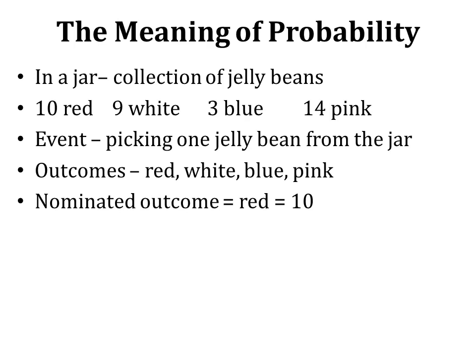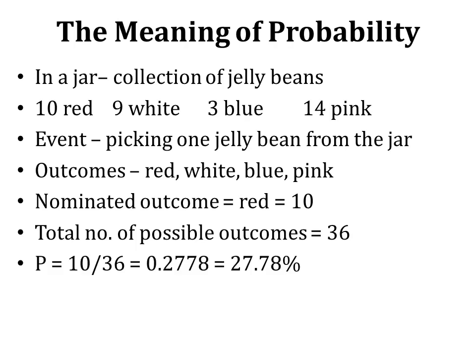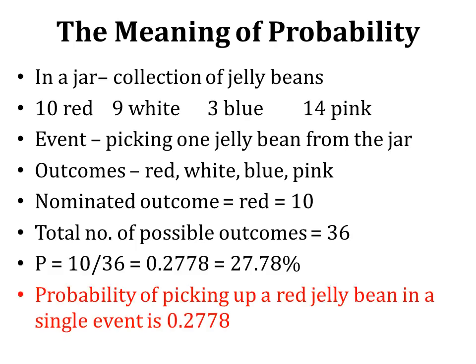So what is the probability that the jelly bean is going to be red? There are 10 red jelly beans in the jar, and 36 jelly beans in total. So 10 divided by 36 is 0.2778. The probability of picking up a red jelly bean in a single event is 0.2778.